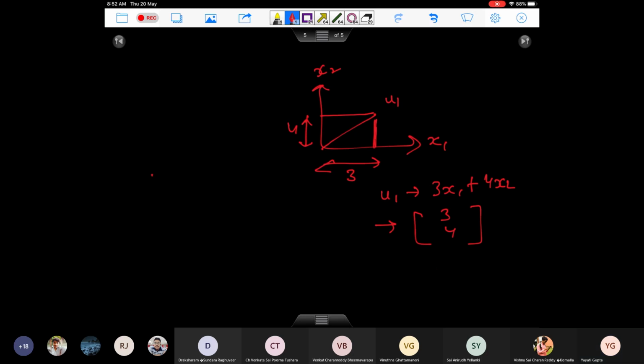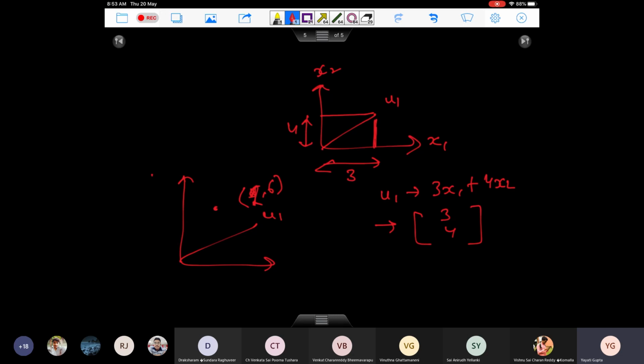Now, if I have a data point, say x somewhere here, some 2-dimensional data point, let's say the value is 2, 6.